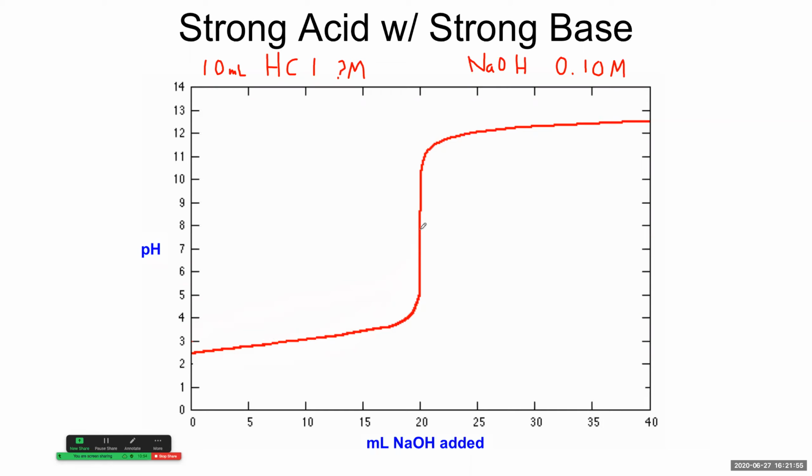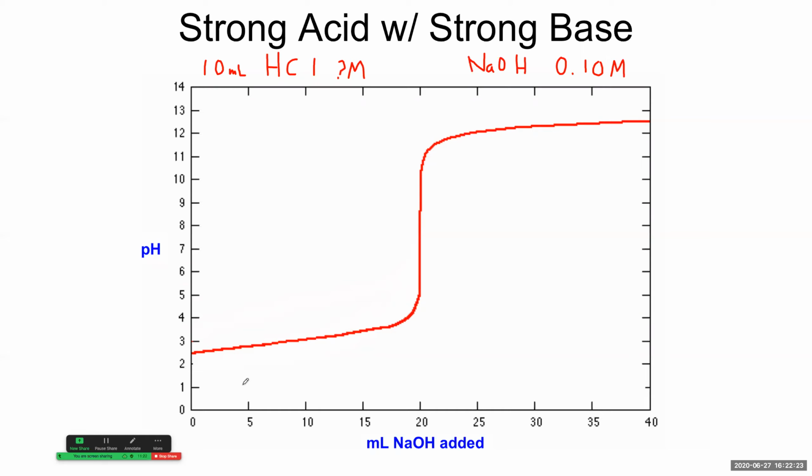Like I said in the previous slide, another way is to add an indicator that changes color at pH 7. If you don't have a pH meter connected to your solution, you can just add an indicator to it, and that indicator will change color when you reach pH 7. We're going to talk a little more about indicators later.